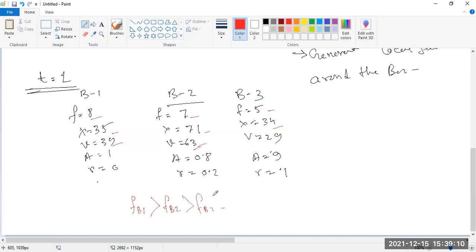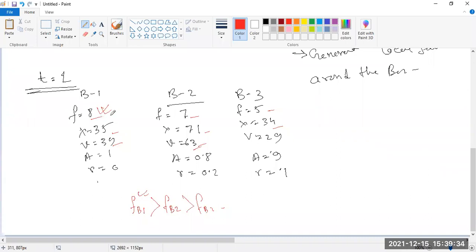Okay, so which will be the solution? First you have to check the frequency. This frequency is high, so select the solution among the best solutions. Among these solutions we have to get the best. But how could I understand which one is the best solution?